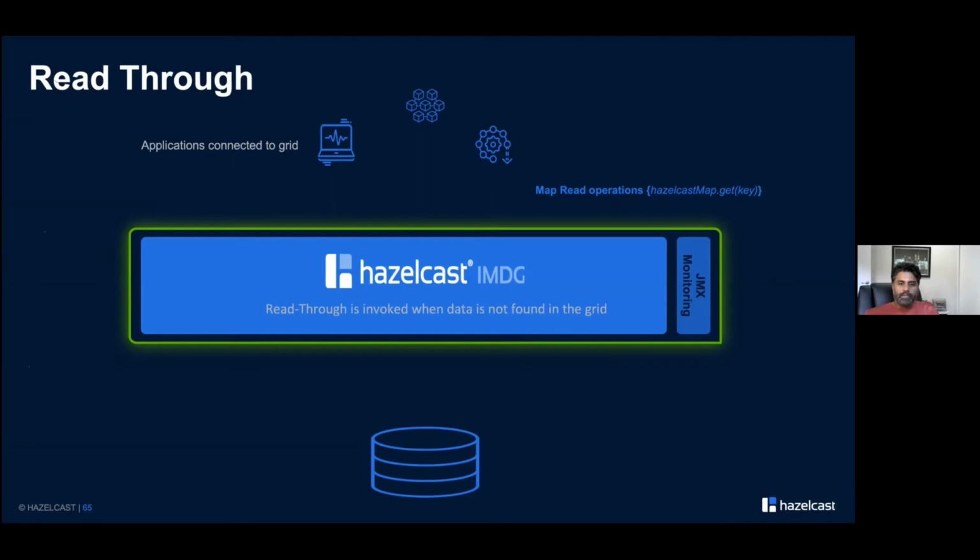Then read through is invoked when the data is not found, which means Hazelcast goes into the database, pulls the data, stores it in the cache, and sends the data back to the application. All this happens automatically behind the scenes. You don't have to perform any manual operation apart from putting the right configuration at the start of the cluster.